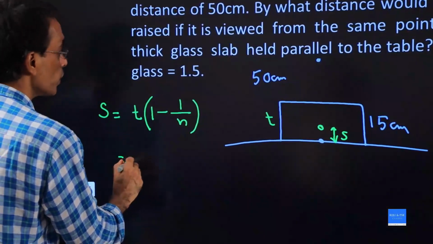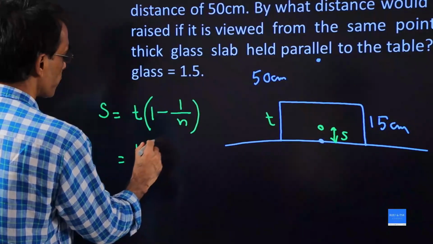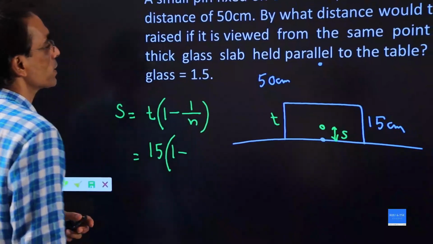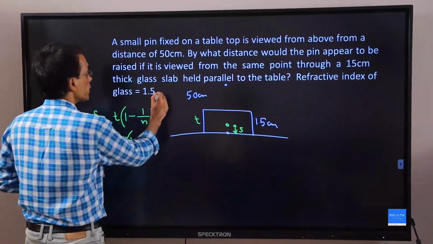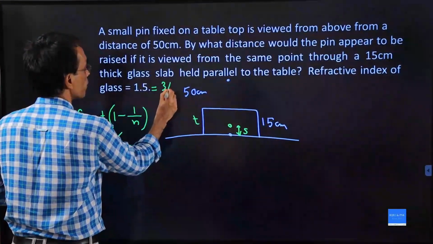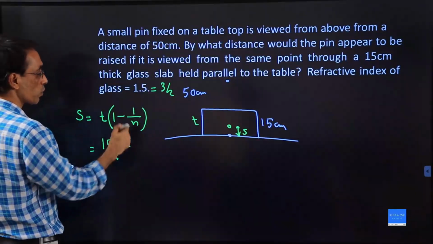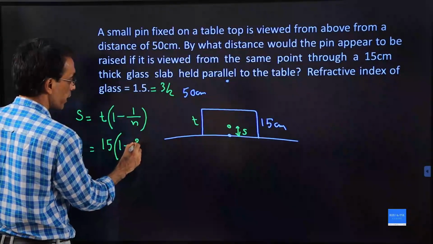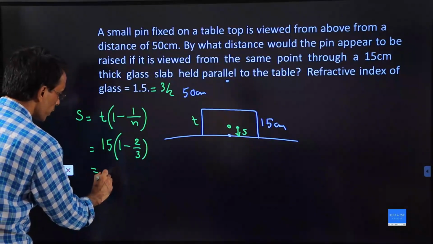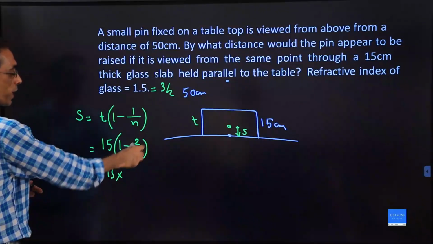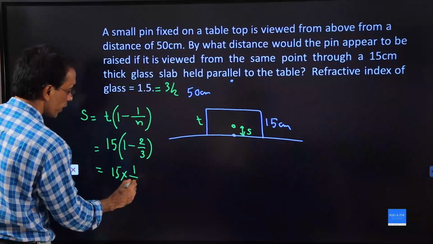And this is equal to the thickness of the slab, 15, into 1 minus, what is the refractive index? Refractive index is 1.5. This can also be written as 3 by 2, and the reciprocal of that, 1 by 3 by 2, is 2 by 3. So this is actually 15 times 1 minus 2 by 3, which is 1 by 3.